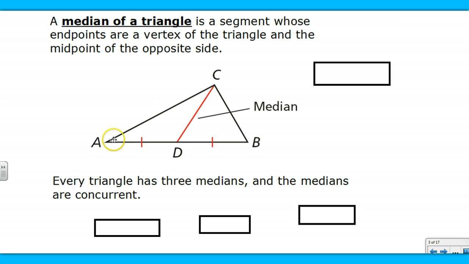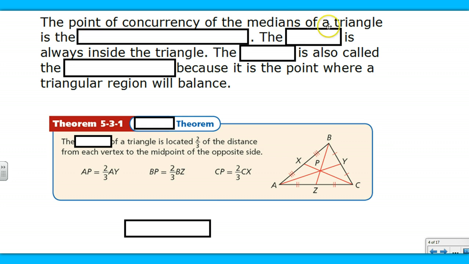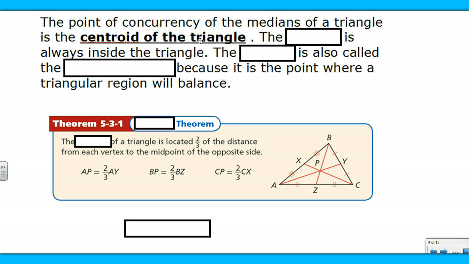And we could draw a median from vertex A to the midpoint of CB, and they would be concurrent. And here we have that point, don't we? The point of concurrency, then, of the medians of a triangle is the what? Is the centroid of the triangle.